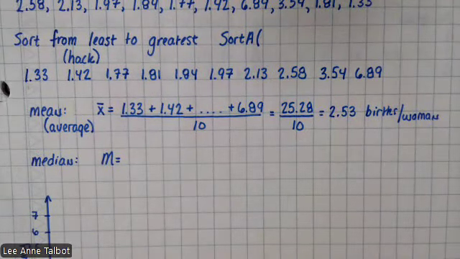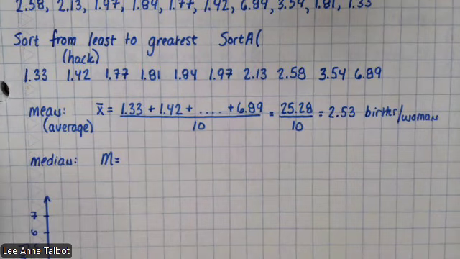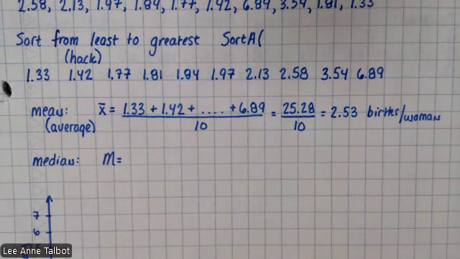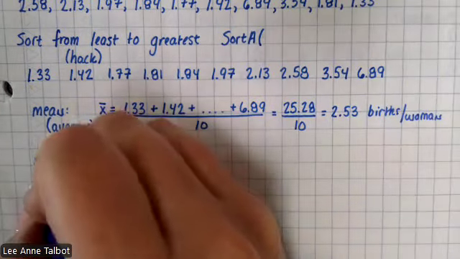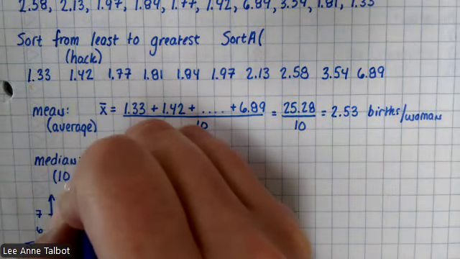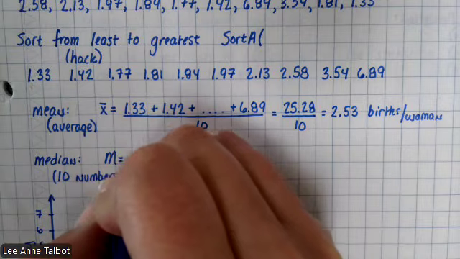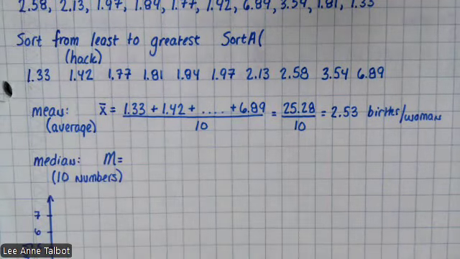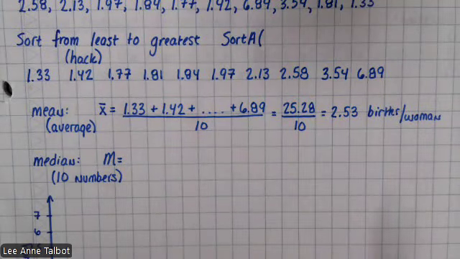I'm sure that all of you coming into this video probably knew how to find the average of some numbers, but the median is a little bit more difficult depending on how many numbers you have in your data set. I picked this set specifically because it has 10 numbers. So I'm going to write down before I start that there are 10 numbers in this data set, and that's going to determine how I find the median.